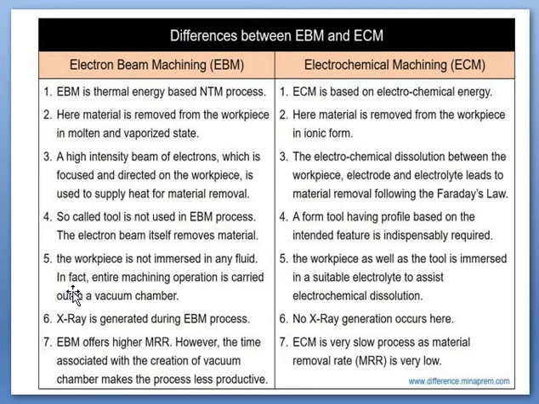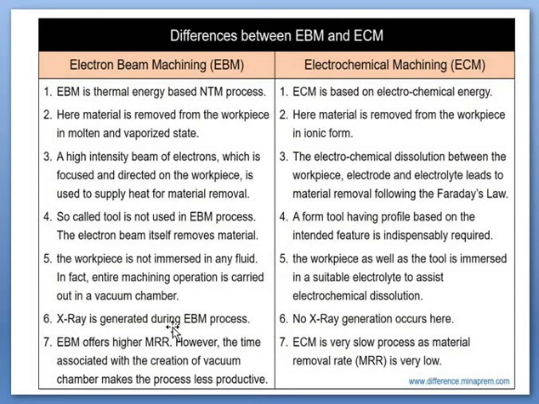The fifth point of comparison: the workpiece is not immersed in any fluid. The entire machining operation is carried out in a vacuum chamber in the electron beam machining process. Whereas in the electrochemical machining process, the workpiece and tool both must be immersed in a suitable electrolyte in order to carry out the electrochemical dissolution to remove the material from the workpiece.